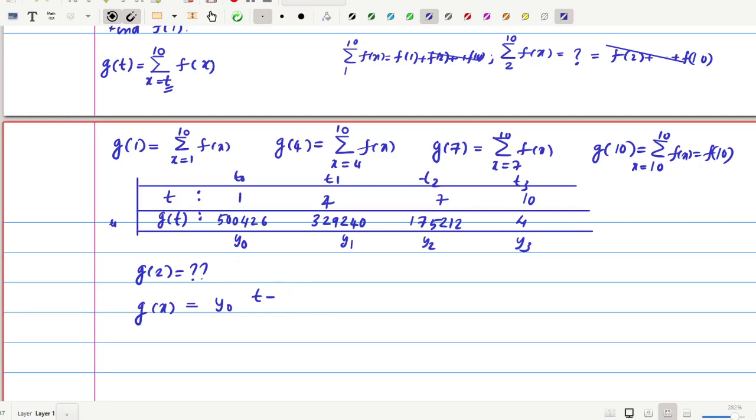For Lagrange's formula we write this as (t minus t1)(t minus t2)(t minus t3) divided by (t0 minus t1)(t0 minus t2)(t0 minus t3).